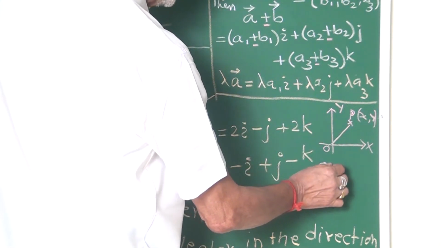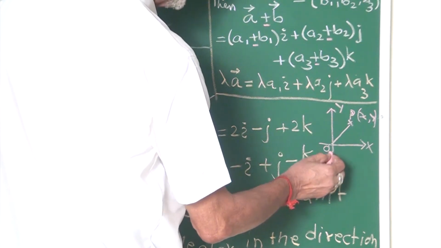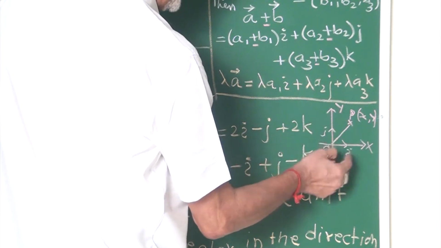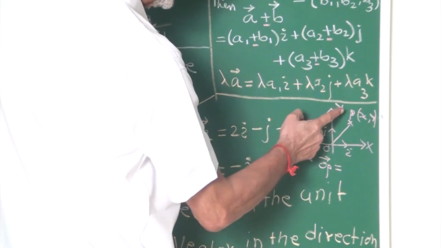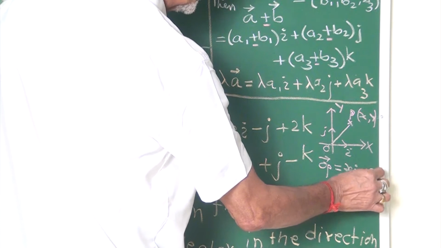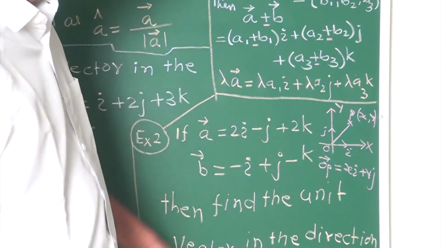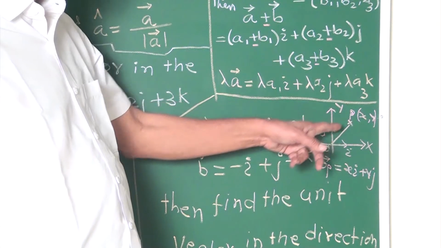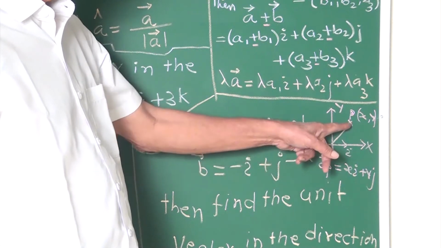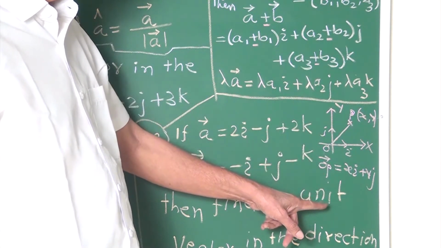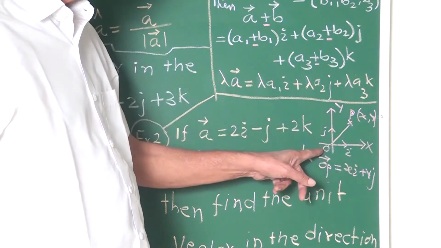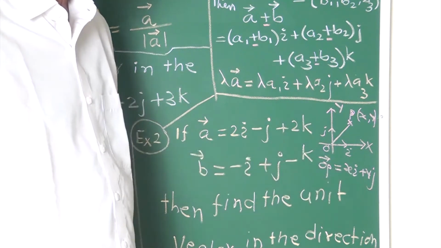In that case, this OP is expressed in terms of I and J. Therefore, the position vector of the point P is expressed as OP equal to xI plus yJ. Then what is the magnitude of OP? It is the distance between O and P. What are the coordinates of O? 0, 0. P is (x, y). Using the distance formula, OP is the square root of (x minus 0) the whole square plus (y minus 0) the whole square, that gives the square root of x square plus y square.